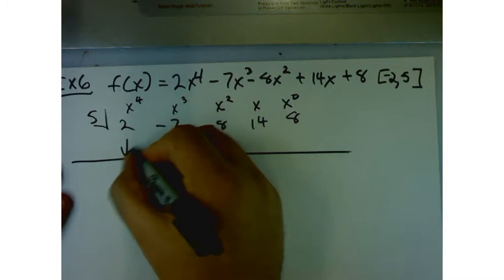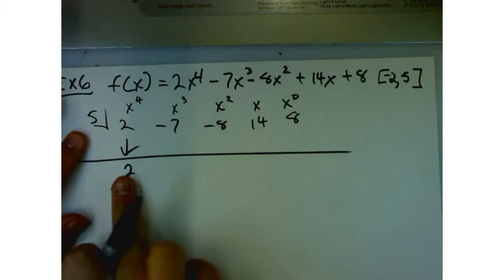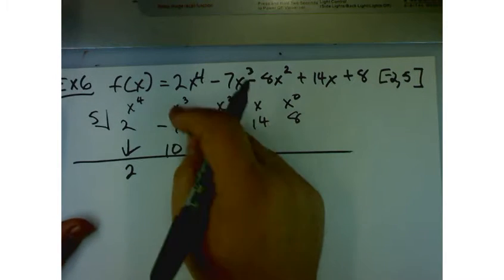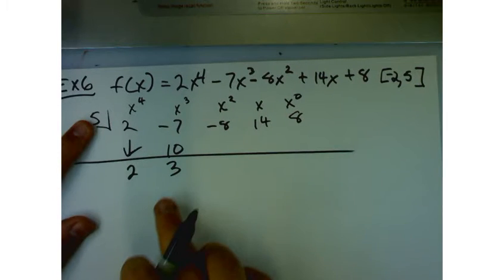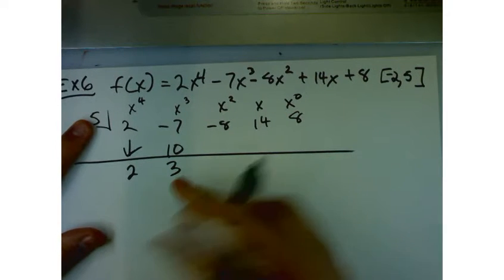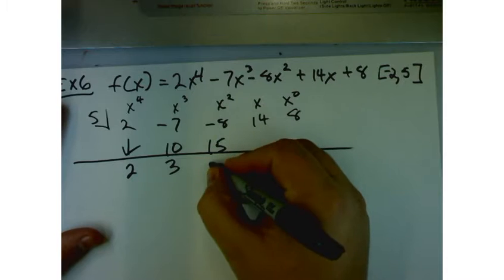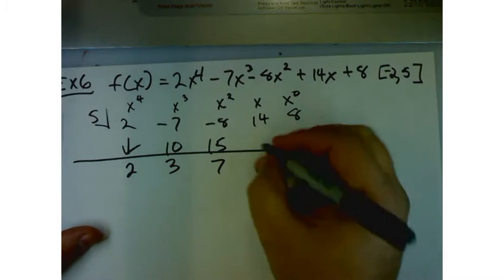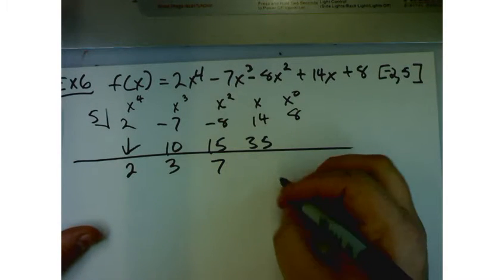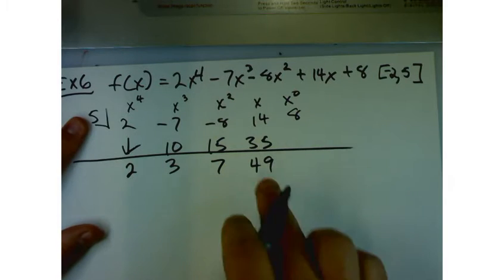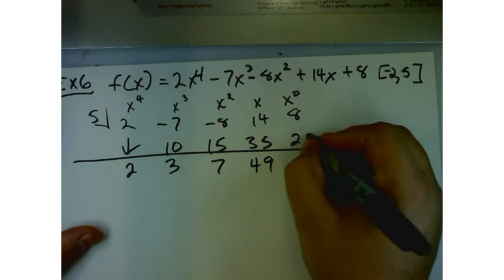Drop down the 2. 2 times 5 is 10. Add those up, I get 3. 5 times 3 is 15. Add those up, I get 7. 5 times 7 is 35. Add those up, I get 49. 5 times 49 is 245.